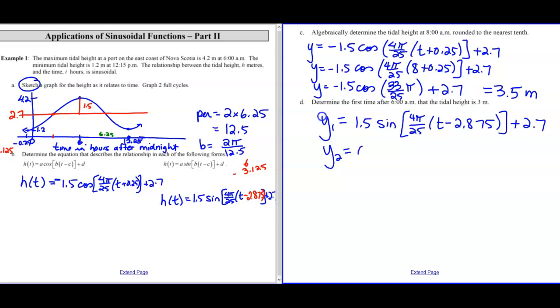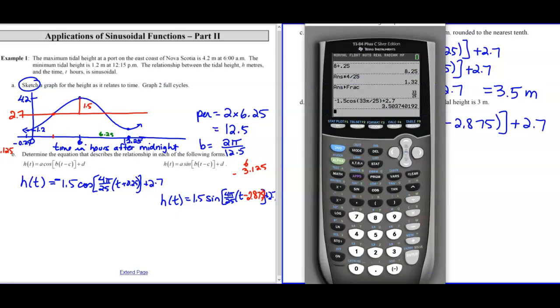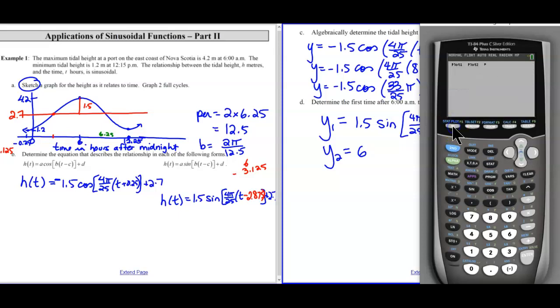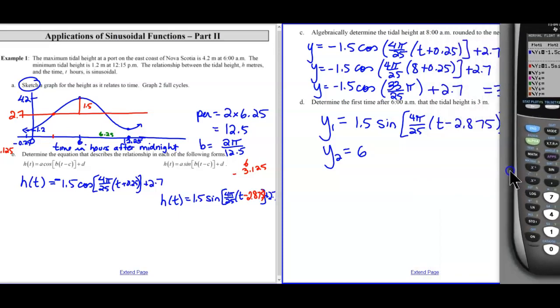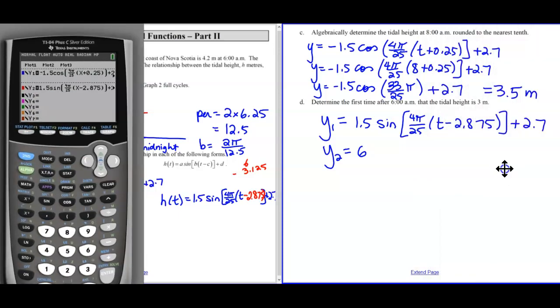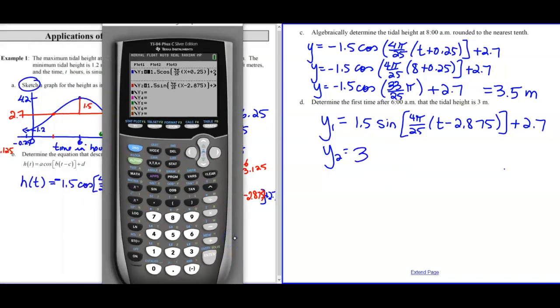Again, 6 a.m. is 6 hours after midnight. We already graphed those. Is y supposed to be 3? Oh, the first time after 6 a.m. that the tidal height, oh yeah, it's supposed to be 3, sorry. Thank you. So, this y is the height.